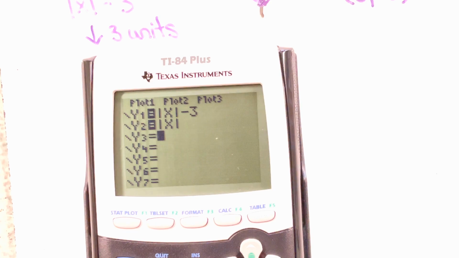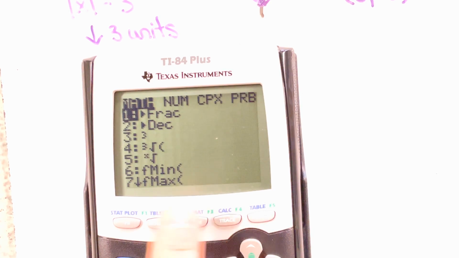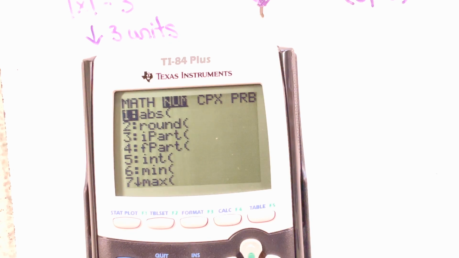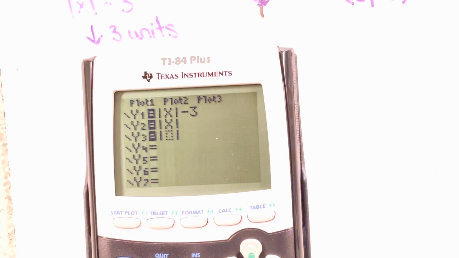We'll do the absolute value, so math, and then we're going to go over to number and enter for 1. Okay, this time I am going to do the absolute value of X, but I'm going to put the minus 3 inside. Actually, let's change it to a 5 so we can tell the difference. Okay, so I'm going to put X minus 5 inside.